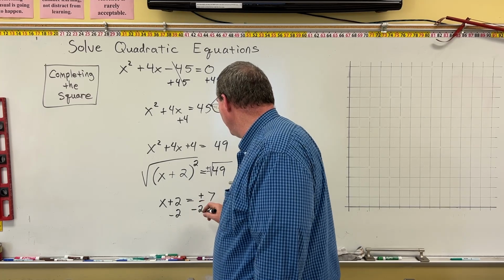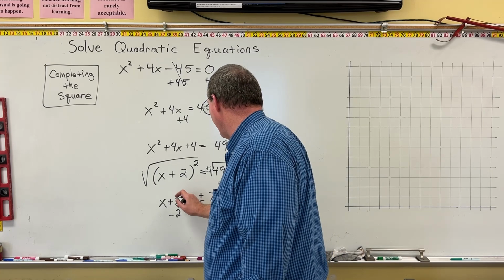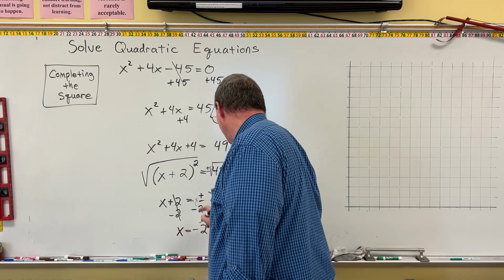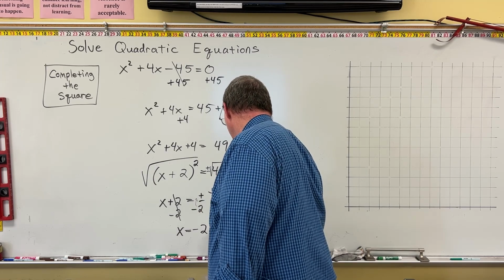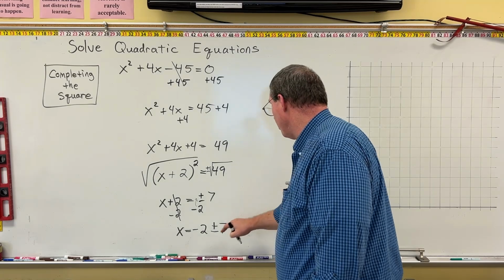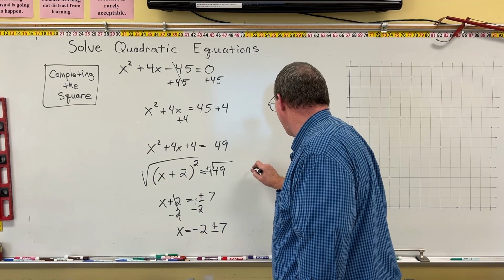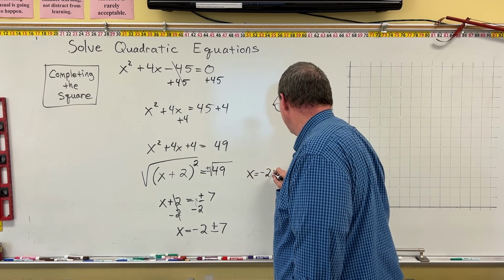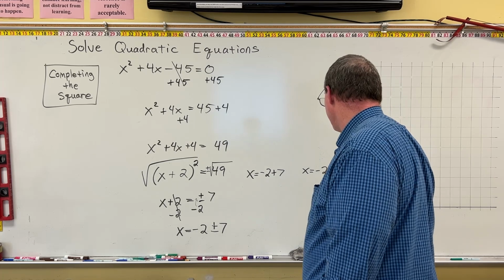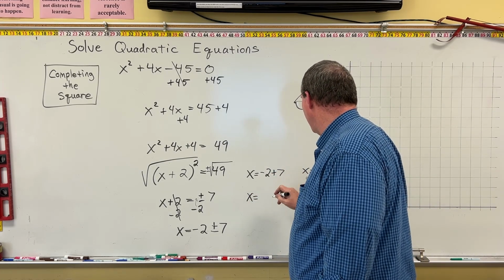Now we're going to solve for x, so subtract 2 from both sides, okay? But when we subtract 2, normally we put this in front of the plus or minus. And so now this is going to cancel, and we're going to have x is equal to negative 2 plus or minus 7. So it's two solutions: negative 2 plus 7 and negative 2 minus 7. x equals negative 2 plus 7 is 5.